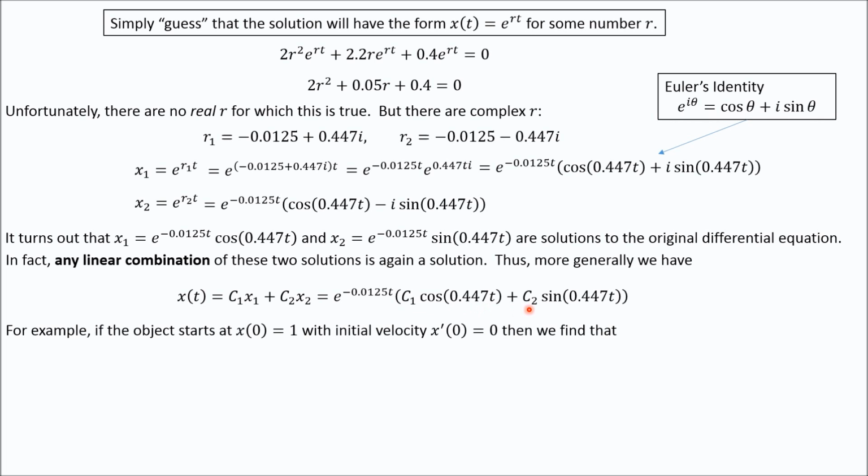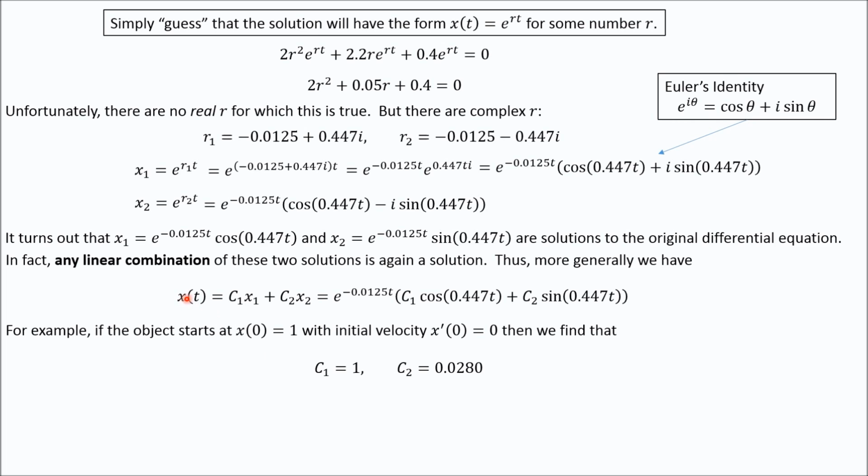For example, if our object starts at position 1 with velocity 0, same exact initial values as in the previous problem, then I guess I didn't write the Mathematica code, but you would do precisely the same thing.